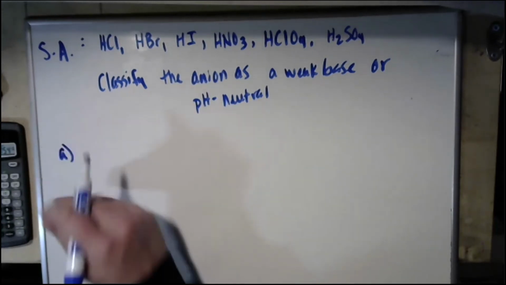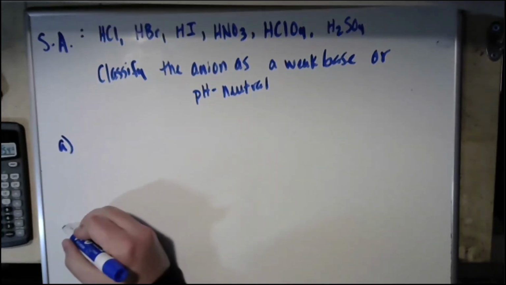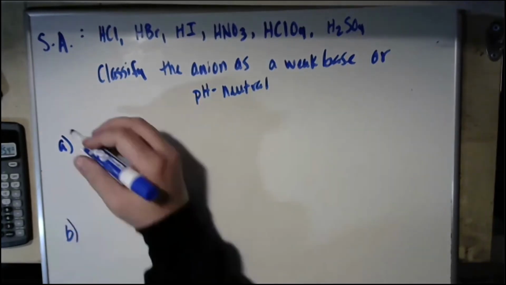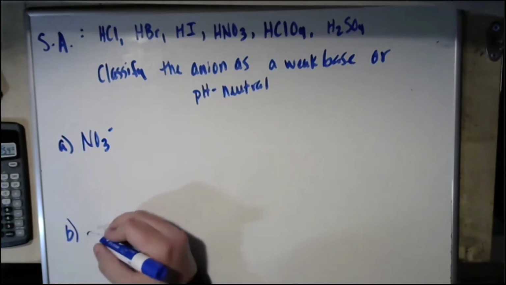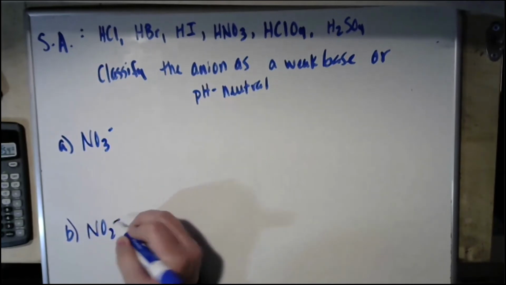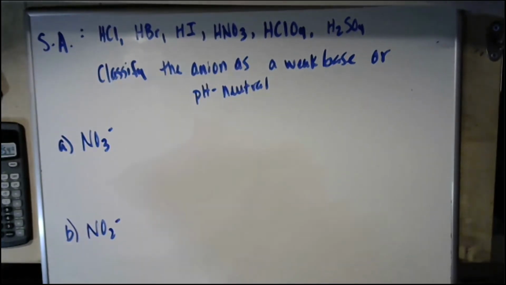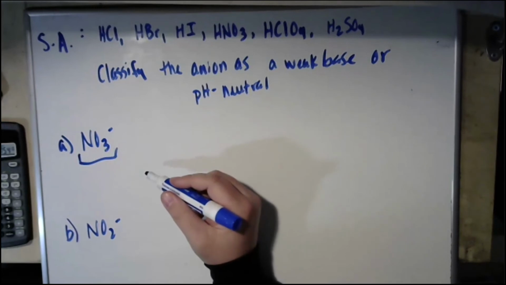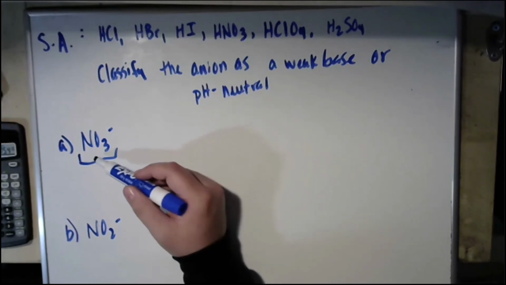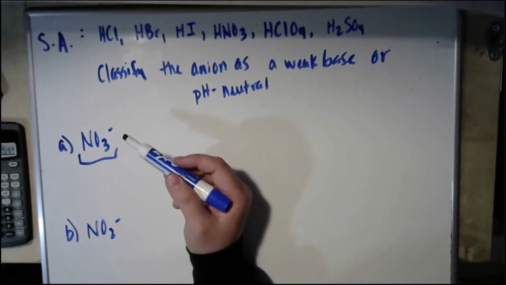All right. So for the first, let's look at the first two as a pair, because they go well together. So we're looking at NO3 minus and NO2 minus. Now, you want to see what type of acid forms when you combine your anion with a proton.